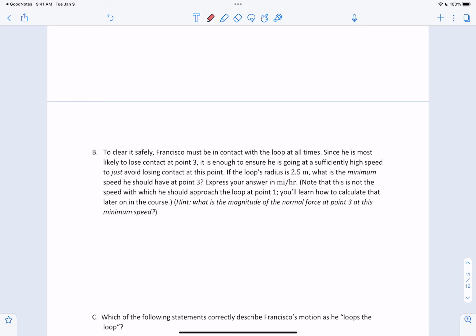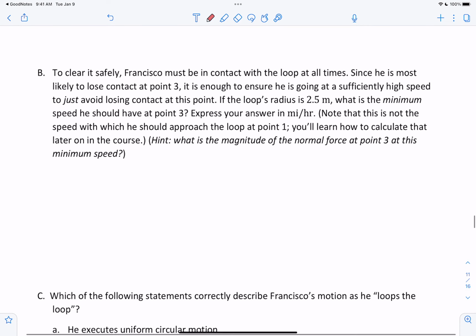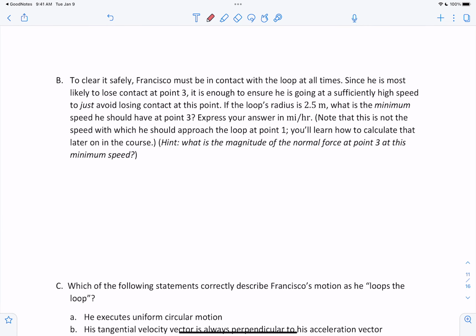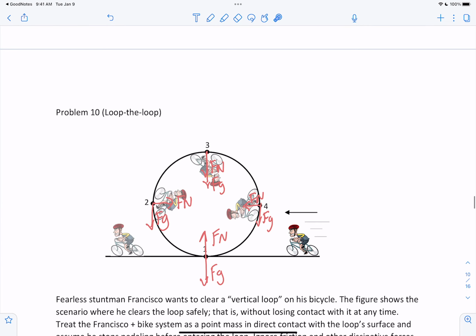So if they're asking for the minimum speed at point 3, remember what I said earlier about the minimum speed, especially when you're on a loop-de-loop? If we have minimum speed at the top, we're going so slow to just avoid what?